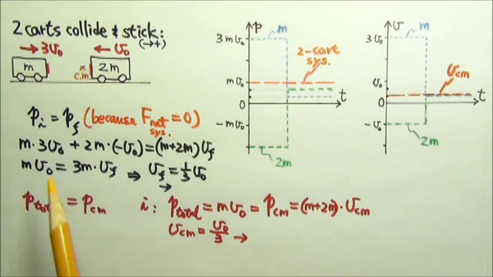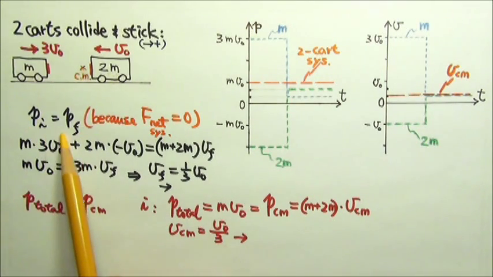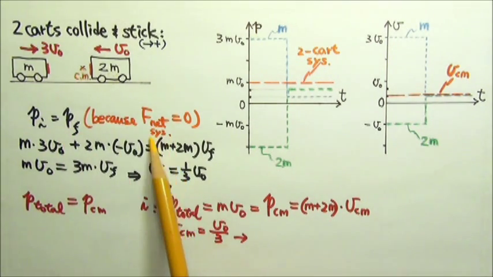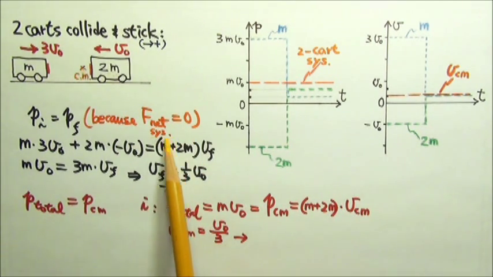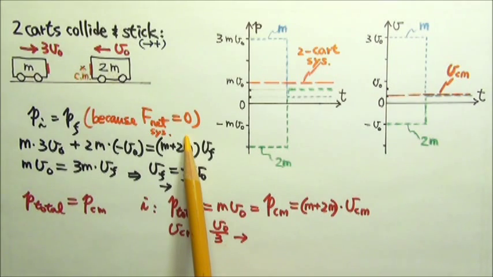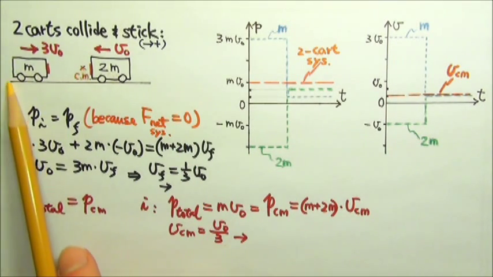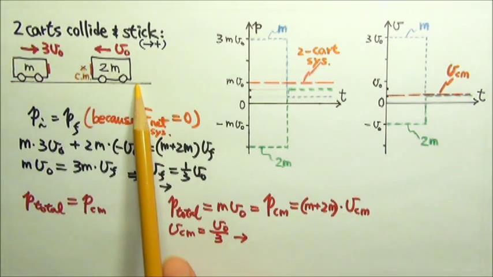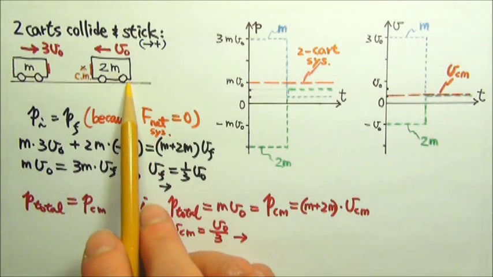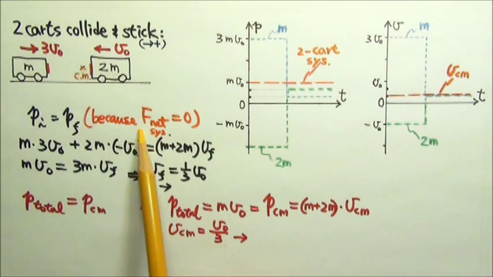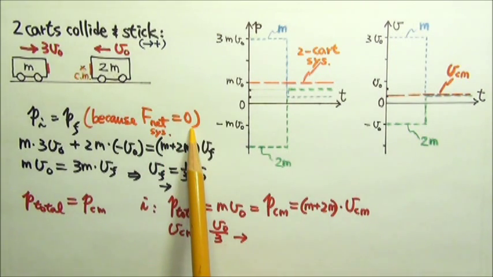By the way, in this problem, we can say the momentum is conserved because the net force on the system is 0. Now, when would the net force on the system not be 0? For example, if there's significant friction and the net friction on the whole system is not 0, then the net force on the whole system is not 0.